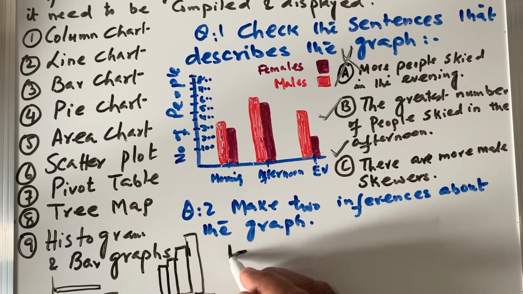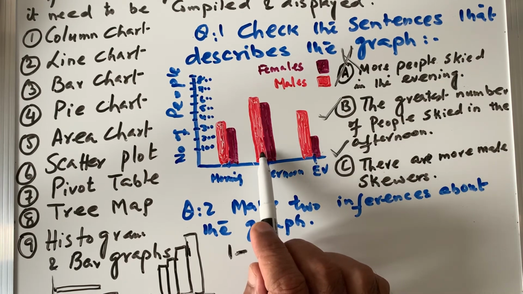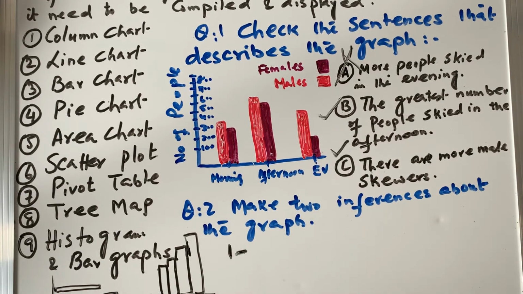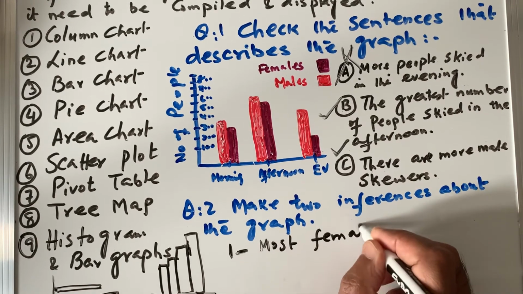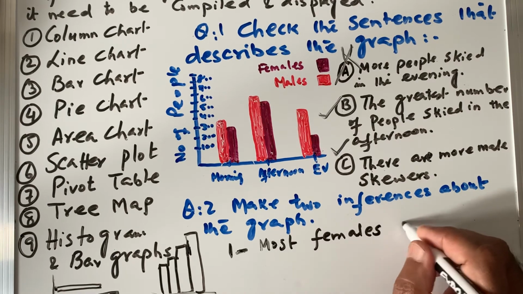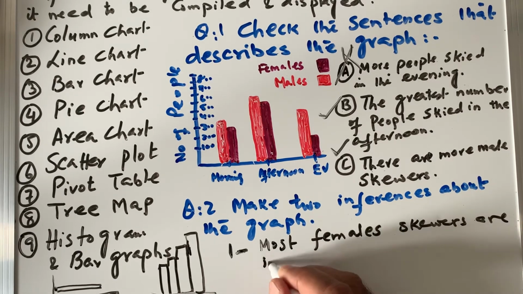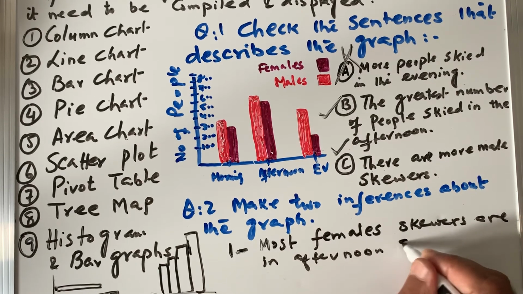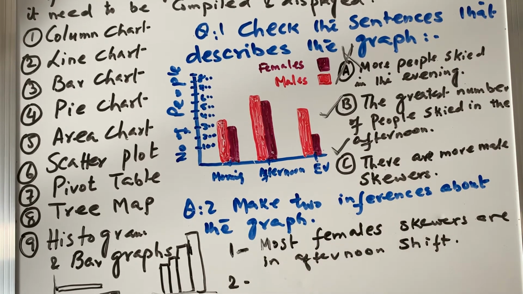You can say that most female skiers are in the afternoon shift, right? So this is an inference which we take from the data graph.